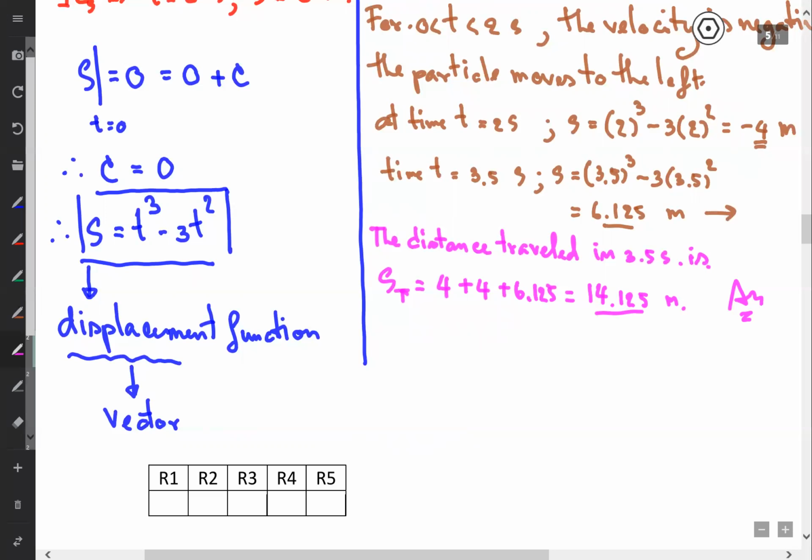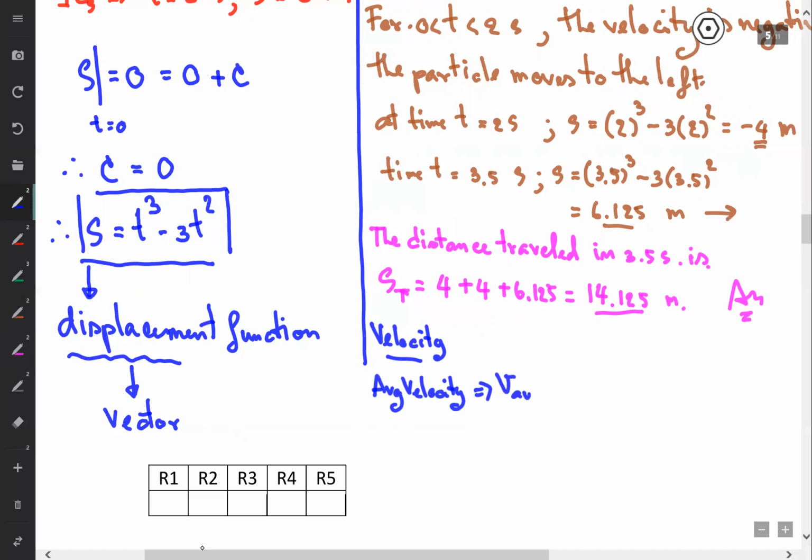Then we move to the velocity. For the average velocity, it is determined from delta S by delta t.